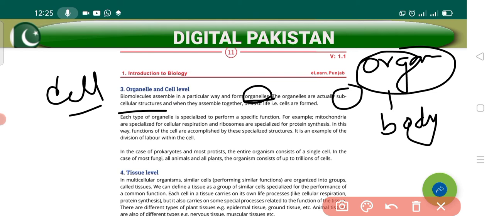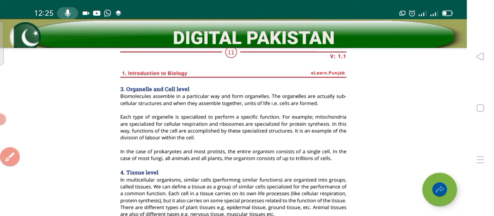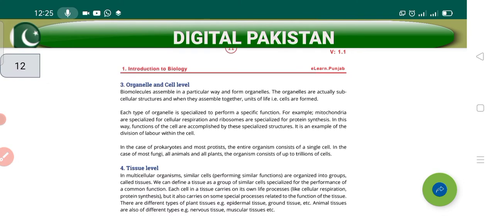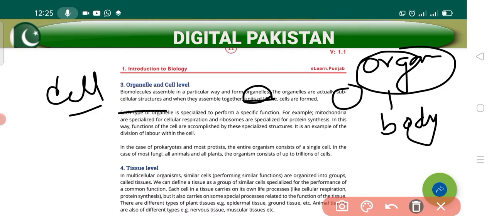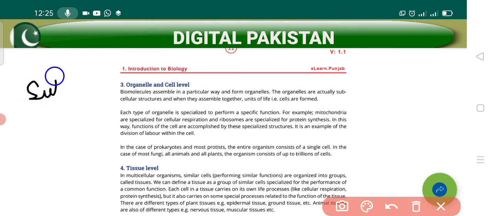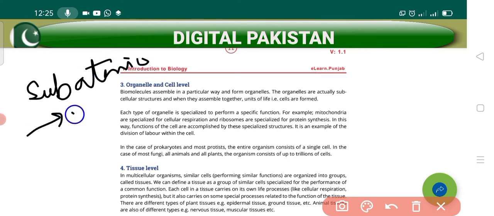What do you mean by the subcellular structure of the cell? Just like the subatomic level, if you remember, what is the subatomic level? That is the proton, neutron and electron.